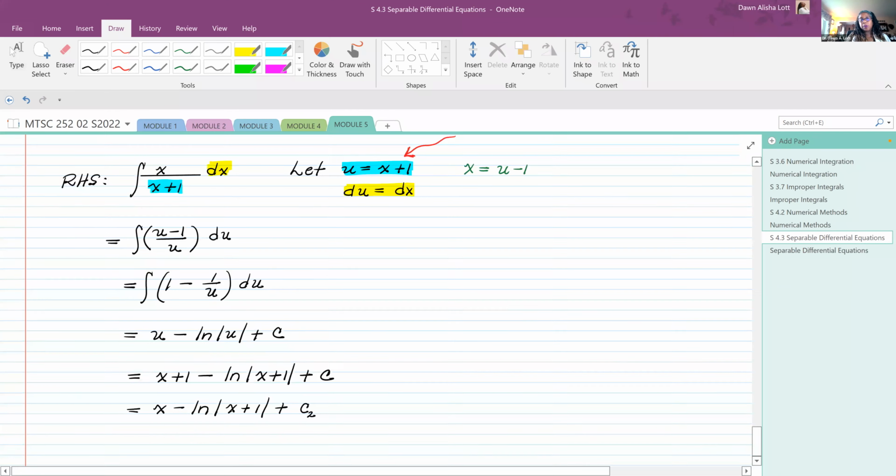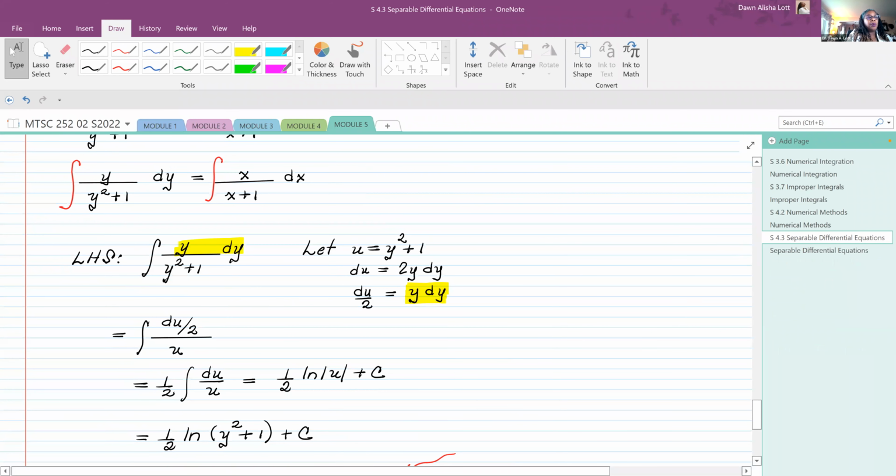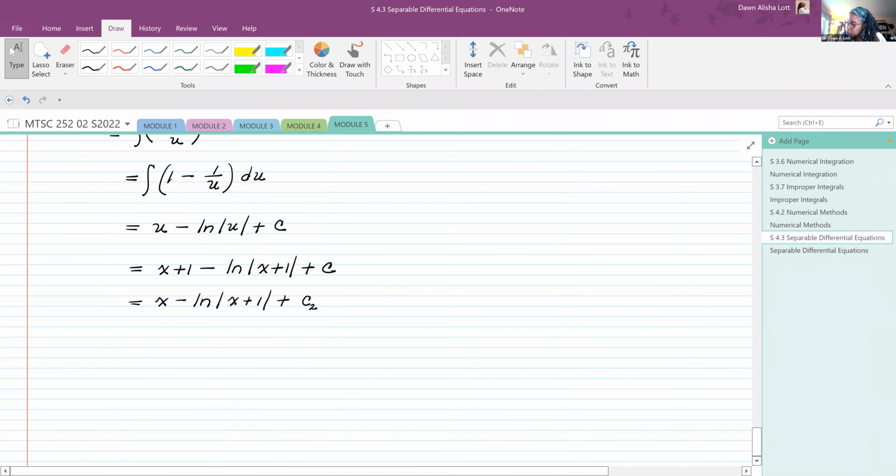Now our integral on the left-hand side gave us 1/2 the log of y squared plus 1. And the integral of our right-hand side gave us x minus the natural log of the absolute value of x plus 1.